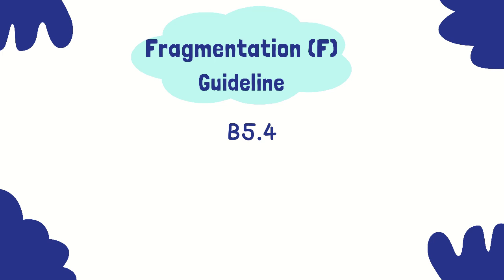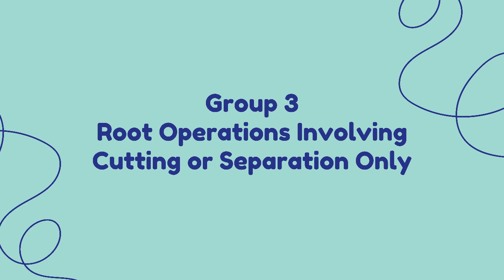So procedures performed percutaneously via a device placed for the procedure are coded to the approach of percutaneous. And they give an example. Fragmentation of a kidney stone performed via percutaneous nephrostomy is coded to the approach percutaneous. All right, so that was the last root operation for that group.